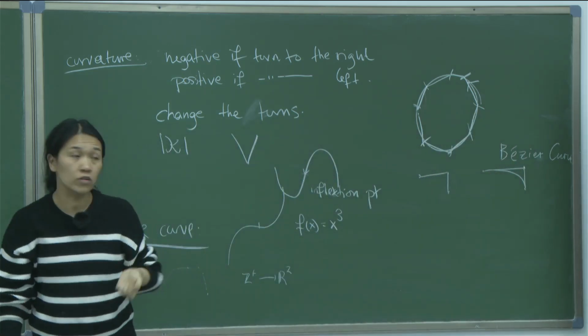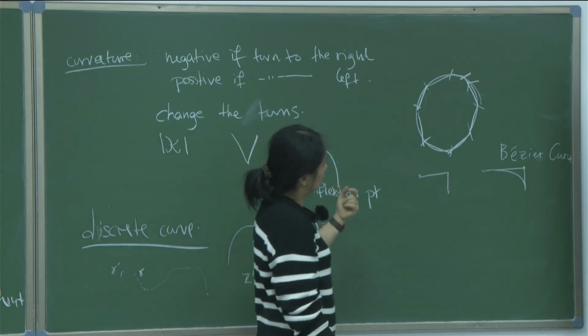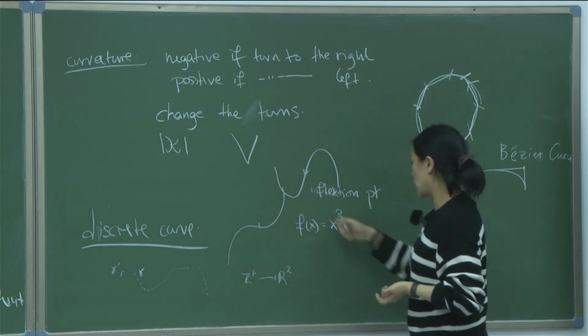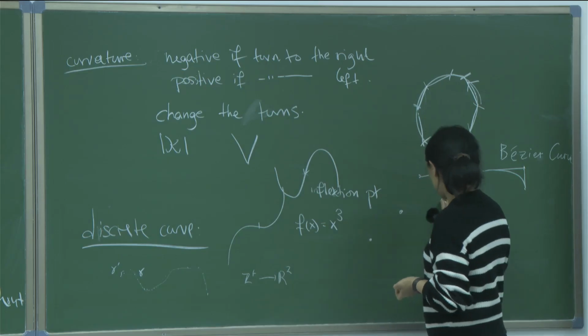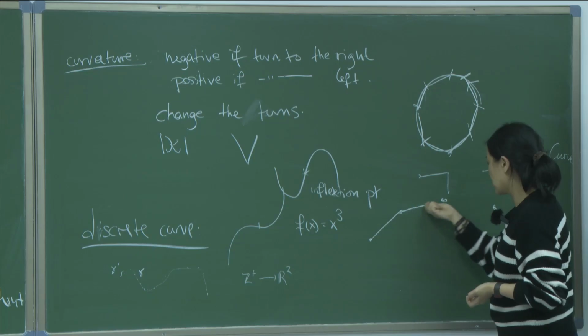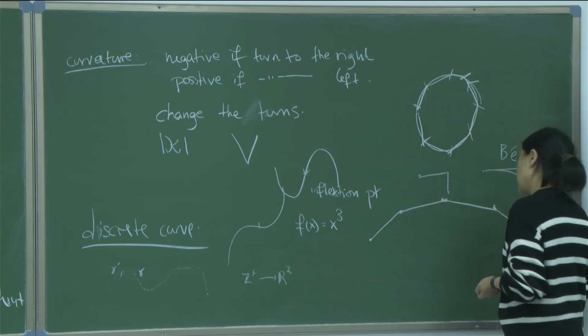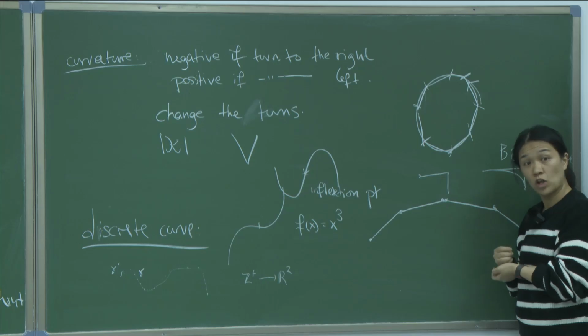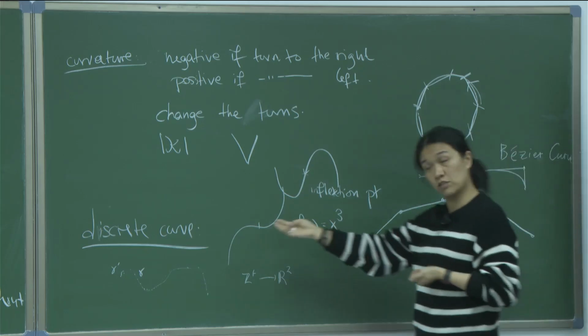Because you don't have more information. So instead of this smooth curve, we will have a collection of points which we could connect with segments. That would be a curve that is not smooth, but it's a discrete curve.